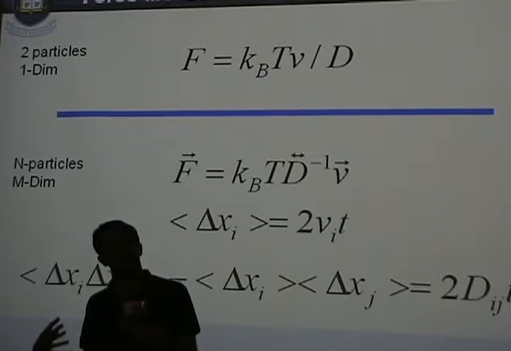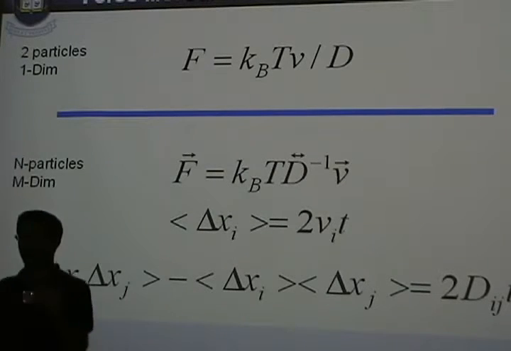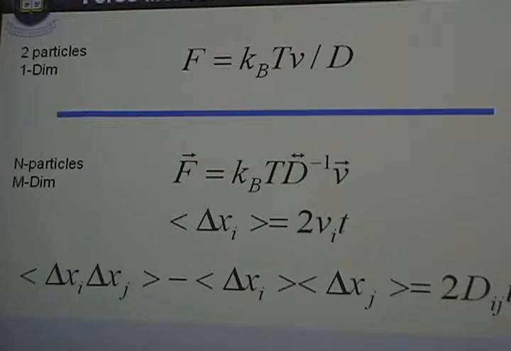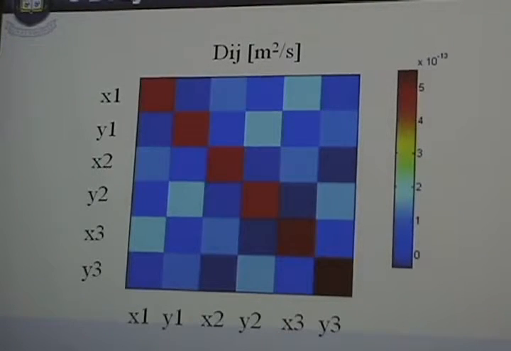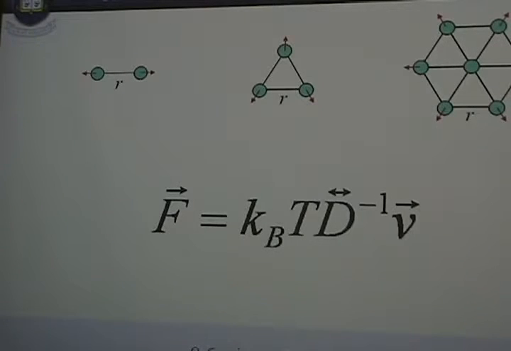Both of those are directly measurable by analyzing movies of particles fluctuating when they're next to each other. And here's a definition of that, but we don't have time. The key point is it's the same idea. We measure velocities, we measure diffusion coefficients. We can measure the diffusion tensor from real data, and we also measure velocity from real data.